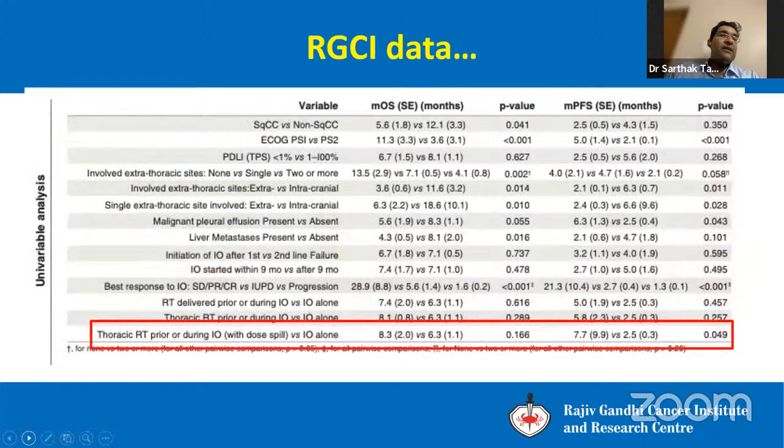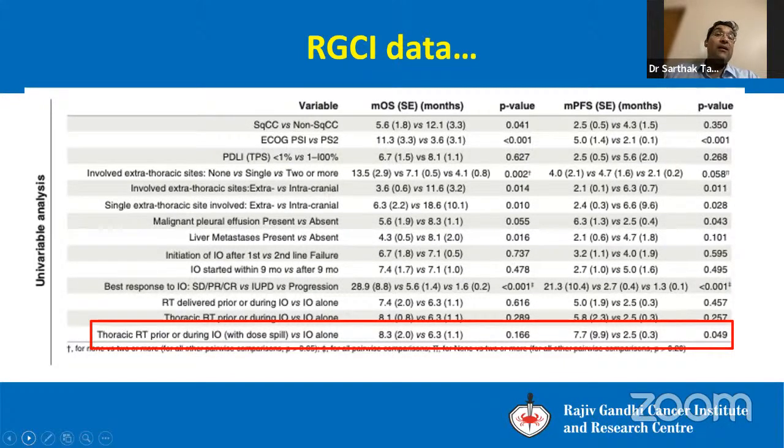So if you can see, this is the univariate analysis of all the patients, and this has been published in the Immunotherapy journal. There is significance: giving radiation, probably thoracic radiation, before or during immunotherapy acts as a good prognostic factor, and the analysis was significant.